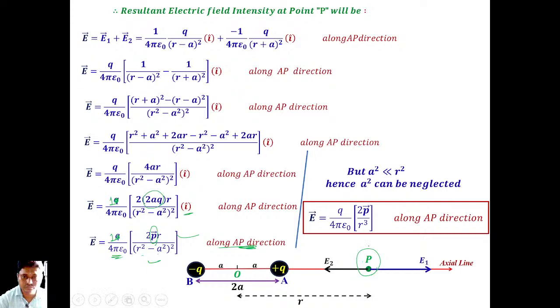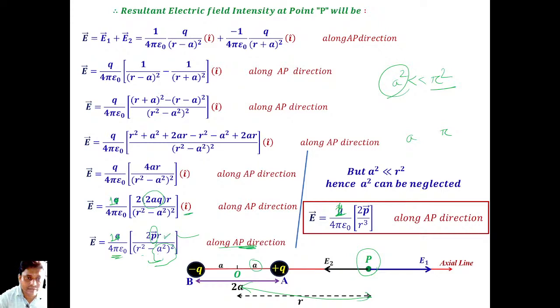Now if we consider a and r, here a is very small as compared with r, that means this distance r is large as compared with a. So obviously a square will be very small as compared to r square, so a square will be neglected in this term, and finally we get E equal to 1 by 4 pi epsilon 0 into 2p r by (r square minus a square) whole square.